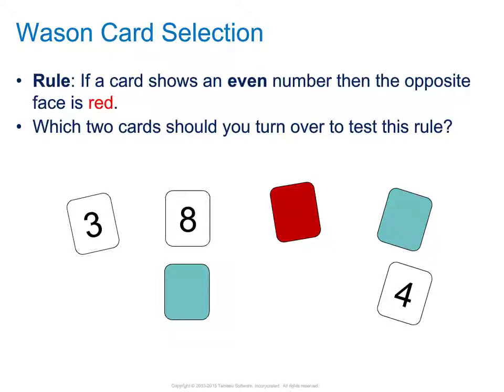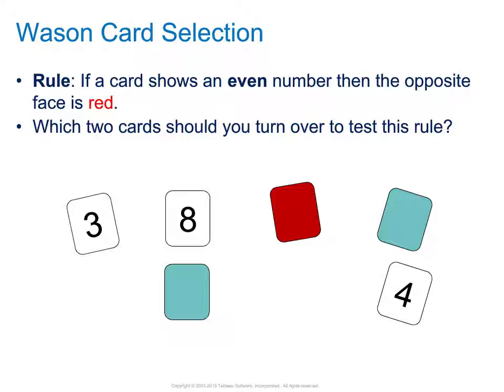And that's why turning the blue card over is the necessary thing, because if the opposite side of the blue card is even, then it would be breaking the rule. Whereas turning the red card over doesn't matter, because it doesn't matter what's on either side of the red card. And so that's why this is very difficult for people to realize they need to turn over the blue card.